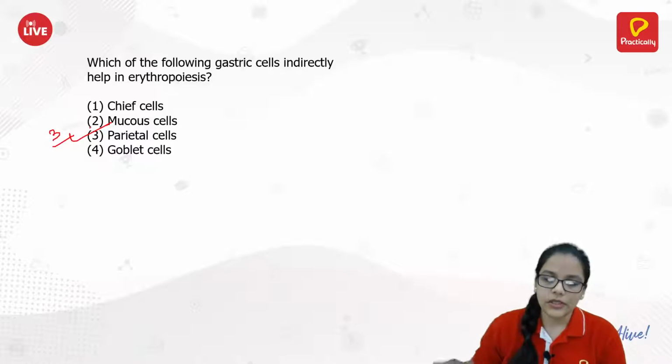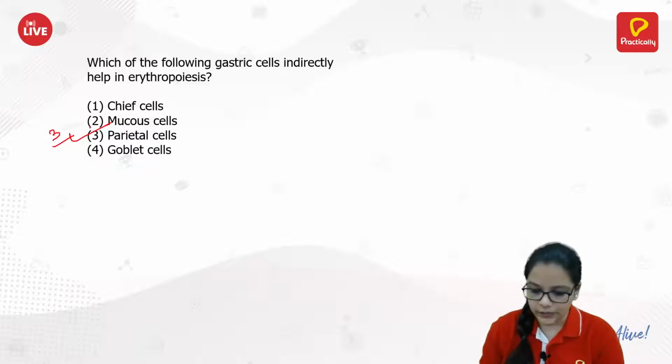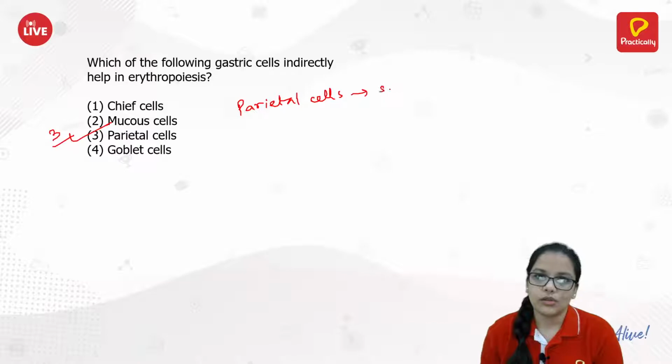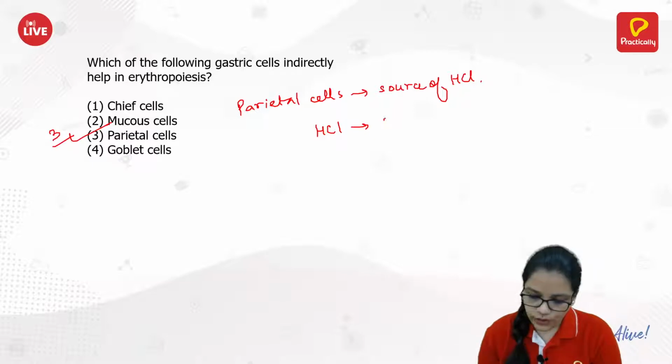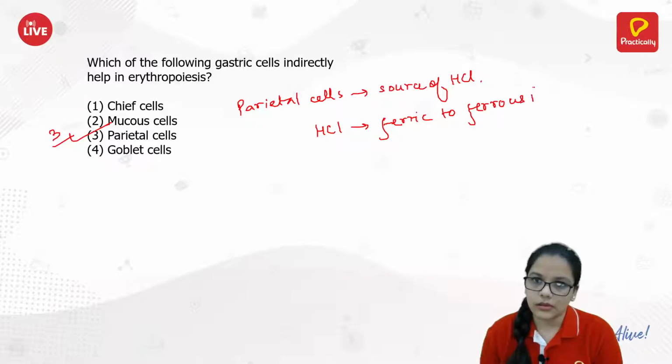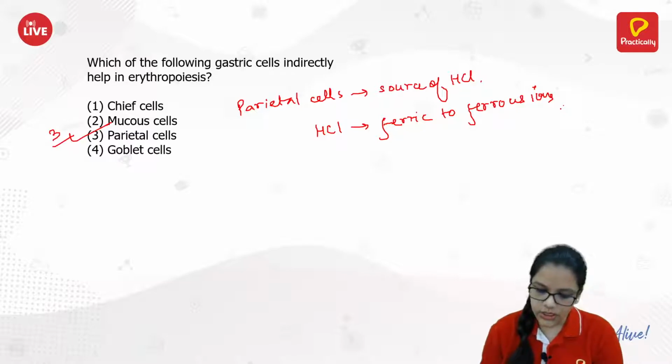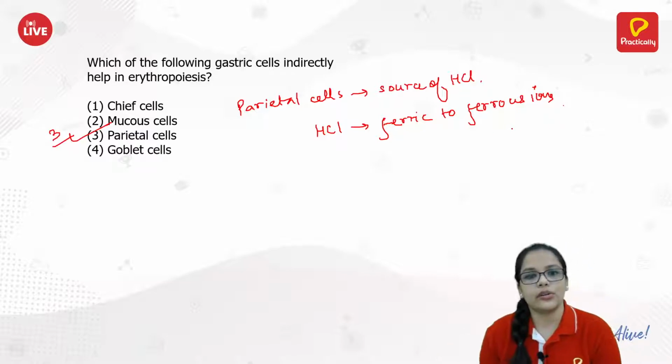Now HCl converts iron in the body from ferric to ferrous ions, which can be absorbed easily during erythropoiesis.